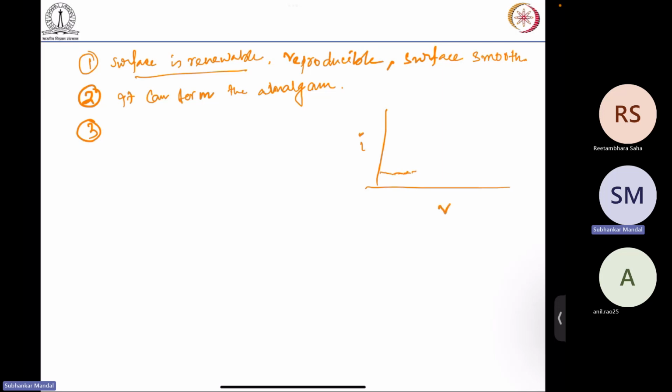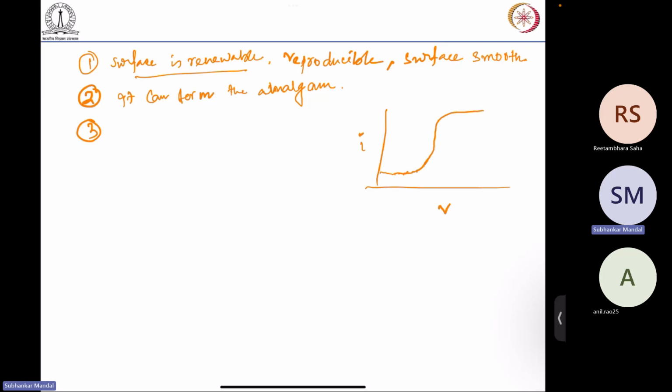When there is not enough potential for the reduction or decomposition of the analyte to happen, you do not reach that potential. But after that, when the potential reaches the analyte decomposition potential, you will get a high current. After that it goes to steady state.